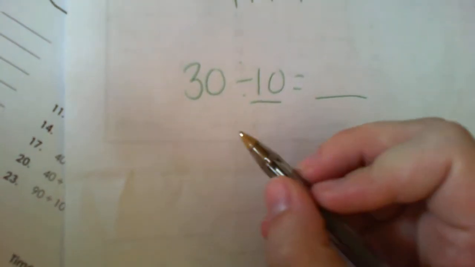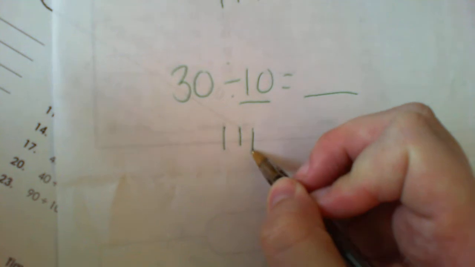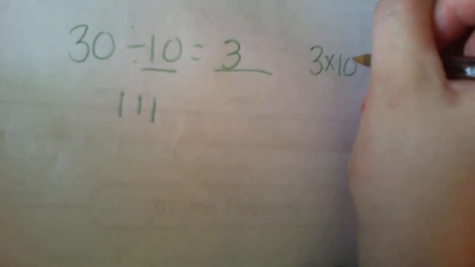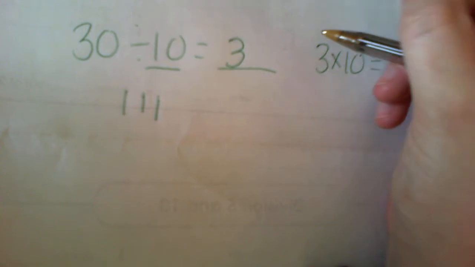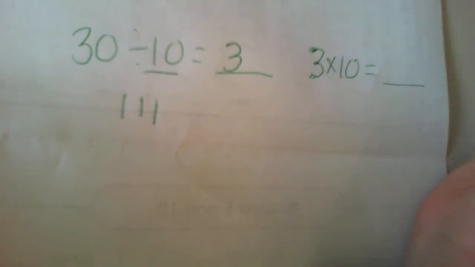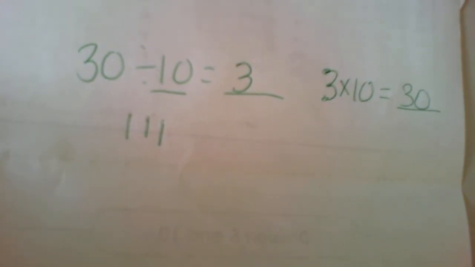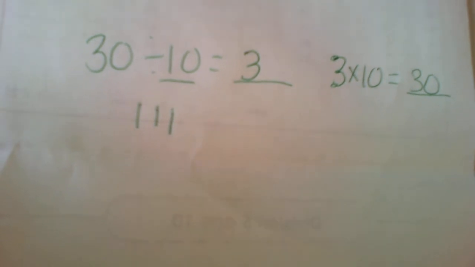Let's count by 10 until we reach 30. 10, 20, 30. 1, 2, 3. So 30 divided by 10 equals 3. This is the same thing as saying 3 times 10. Let's count by 10. 10, 20, 30. All three numbers go together.